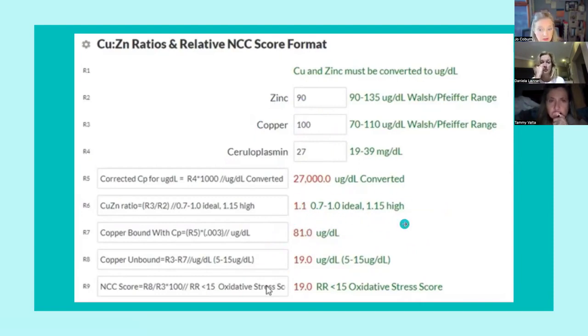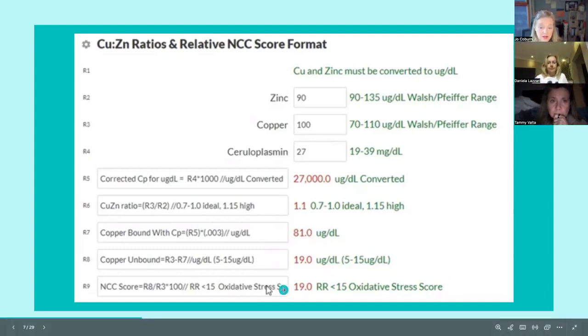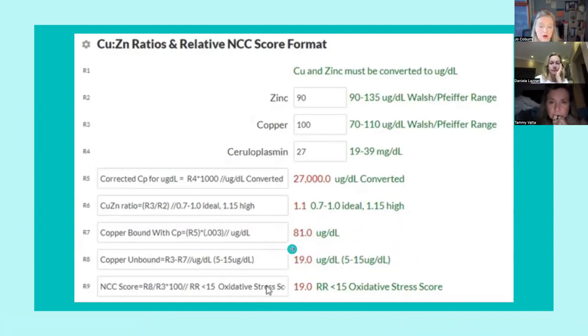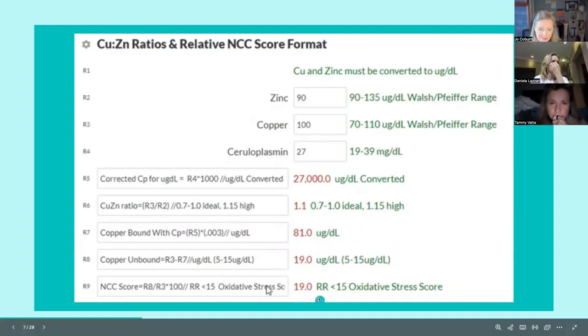Is that a good ratio? But I mean, right here, it's telling you it's not. That ratio is going to cause oxidative stress because you've got 19 units of copper bouncing around, causing damage in the body. And I've seen this up in 30, 32, 40. I mean, this can get pretty high for people if they're really out of whack.